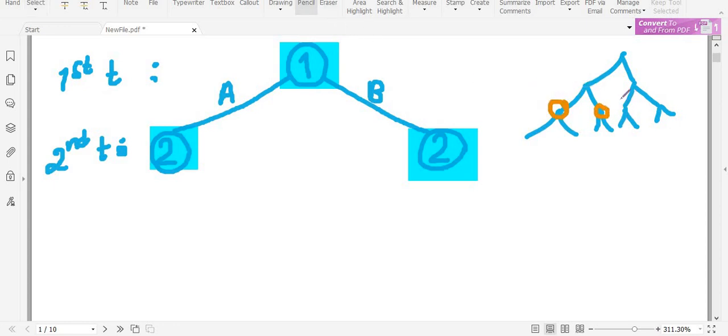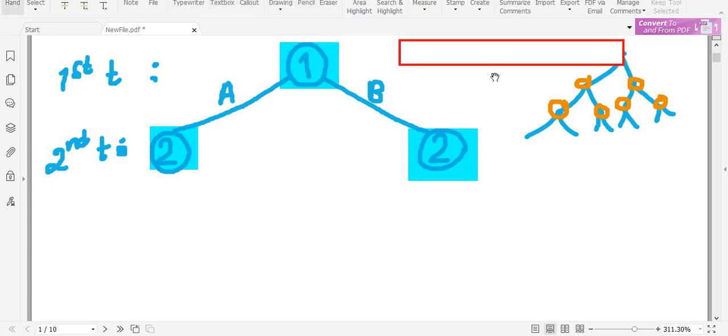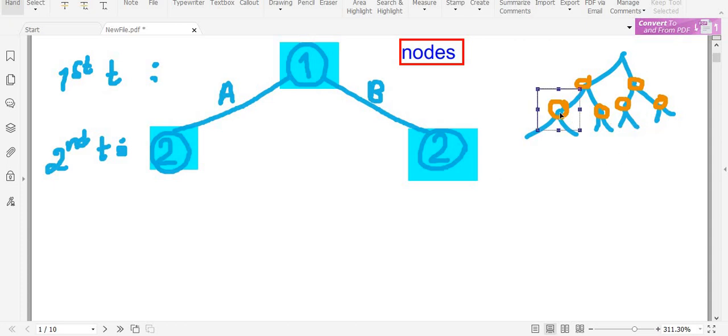The points where the strings branch out are called the nodes. Let me write the word down for terminology purposes: these are called nodes. These are the nodes of the game, and we also have the branches, which are the strings spread out from each node. That is the terminology.